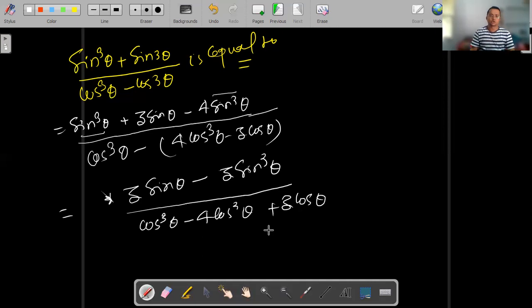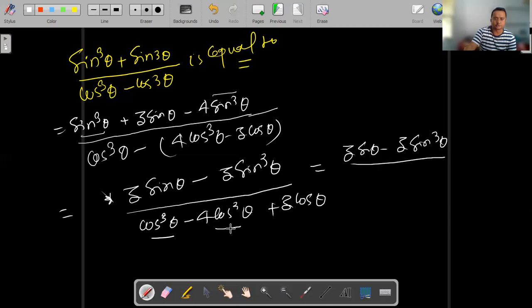So better you can write 3 sine theta minus 3 sine cube theta, divided by 3 cos theta minus 3 cos cube theta. Because cos cube minus 4 cos cube gives minus 3 cos cube theta. So what we are getting? 3 cos theta.